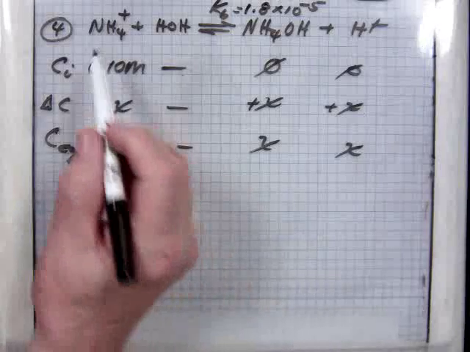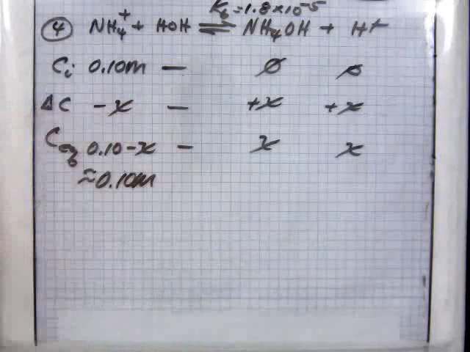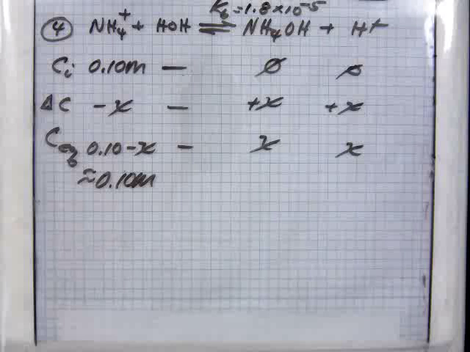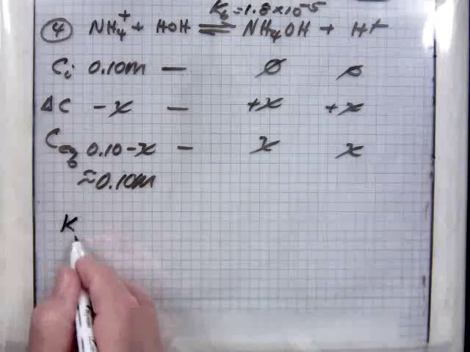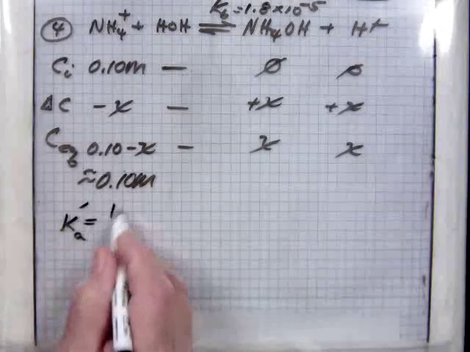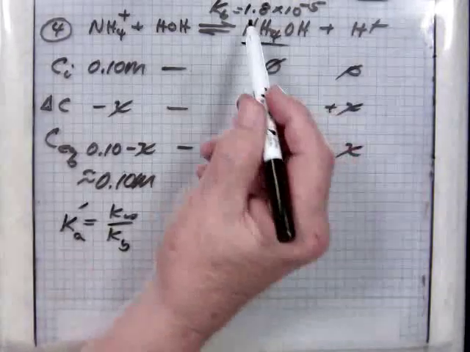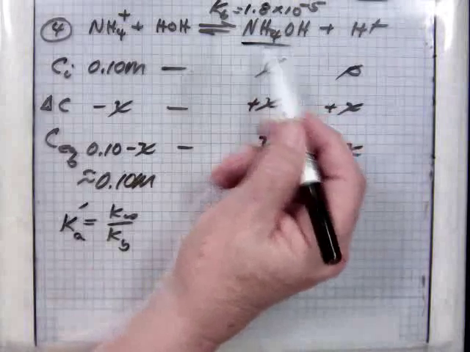Now, since we're working with a cation, that will be a conjugate acid, and so we'll define the Ka value this time as a Ka prime. And we calculate it the same way as Kw over Kb to get the Ka prime. So Ka prime is Kw over Kb, as we have the Kb value for the base generated.